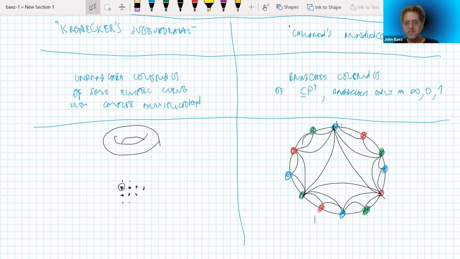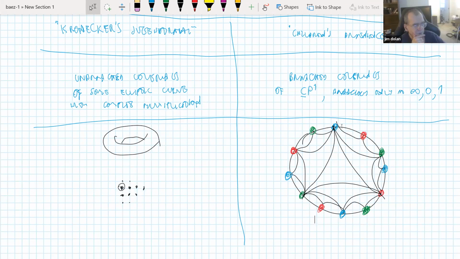You can think of the elliptic function as some kind of limit, in a very categorical sense, of these algebraic functions between elliptic curves.